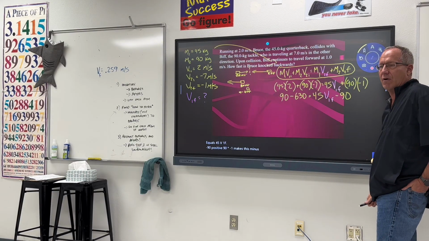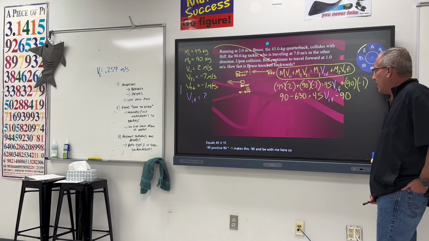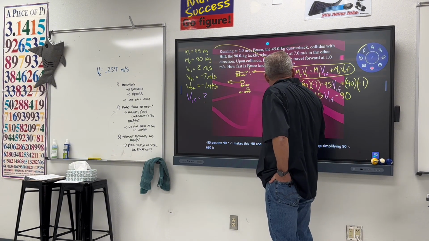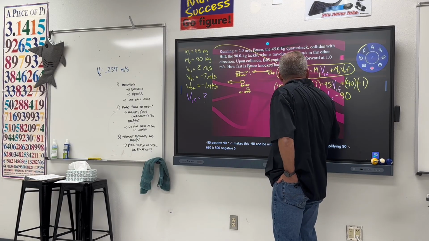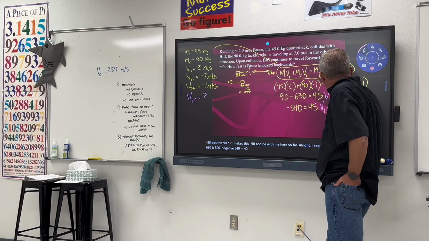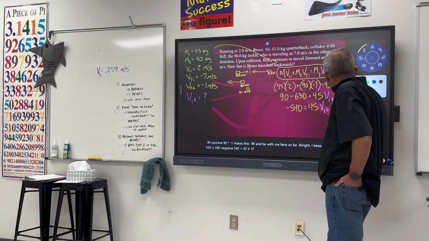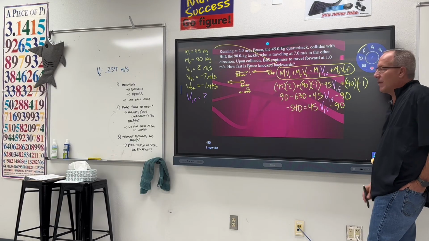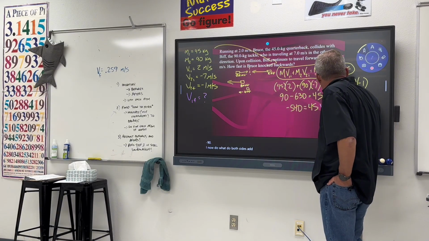Everybody with me here so far, all right? I keep simplifying. 90 minus 630 is negative 540 equals 45 V1F minus 90. I now do what to both sides? Add 90 to both sides.